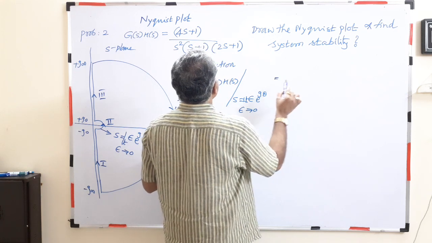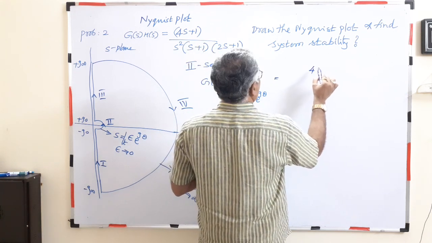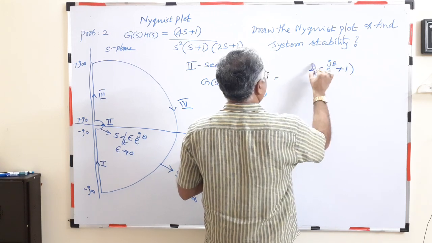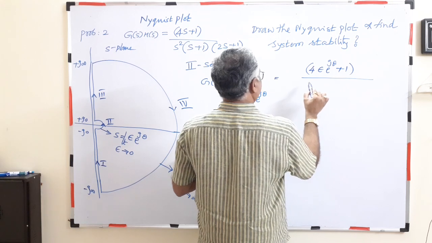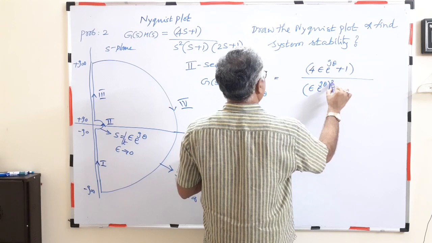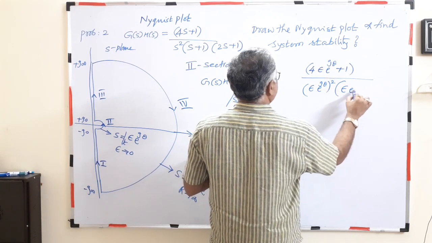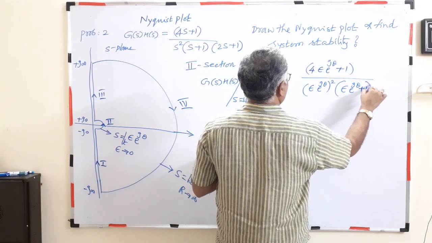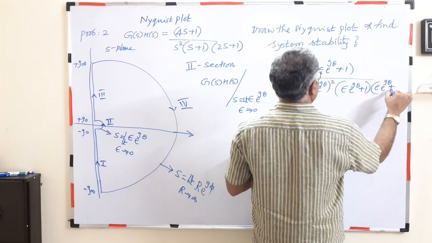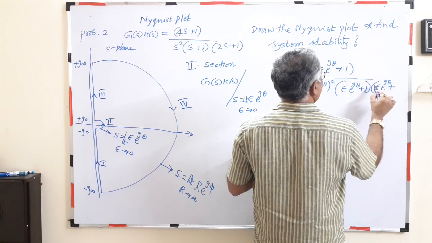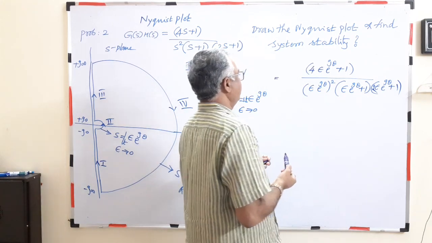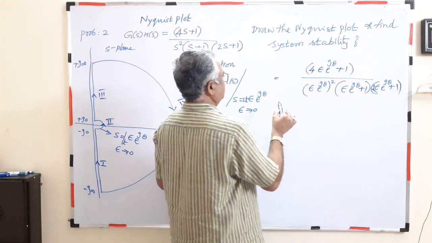So let us substitute and simplify. 4s is epsilon e^(j theta), plus 1, by epsilon e^(j theta) square, into epsilon e^(j theta) plus 1, into 2 epsilon e^(j theta) plus 1, where epsilon tends to 0.